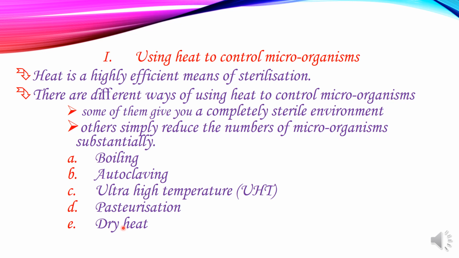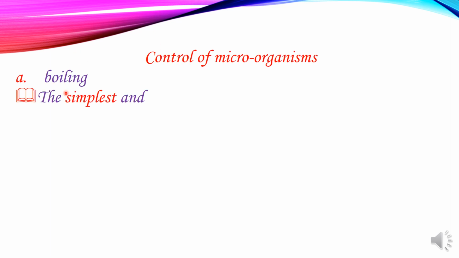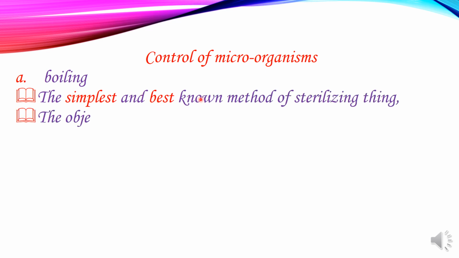These are the types of heat sterilization. So the first, boiling. Boiling is the simplest and best known method of sterilizing things.